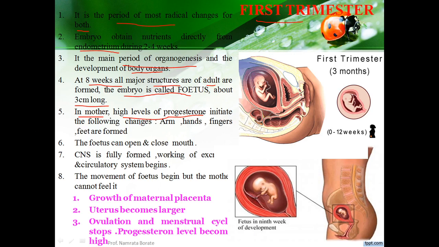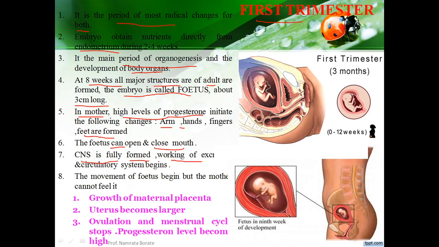In the baby, the arms, hands, fingers and feet are developed. The fetus can open and close the mouth. The central nervous system is fully formed in the fetus.